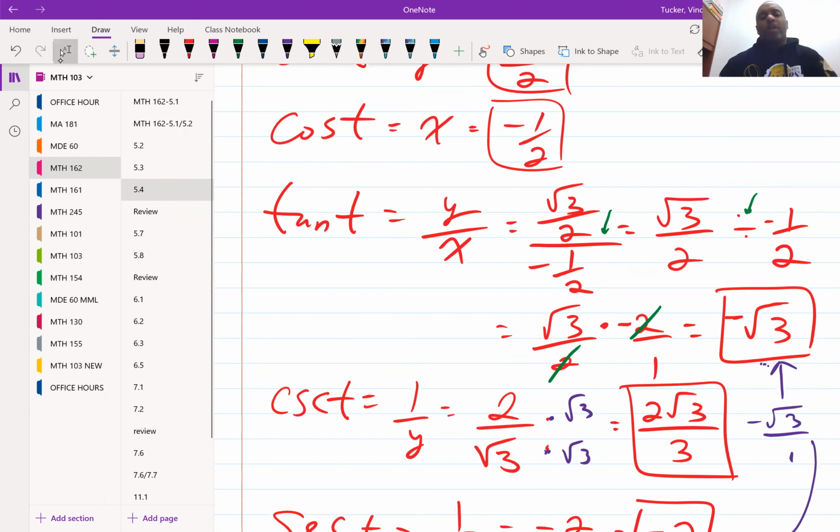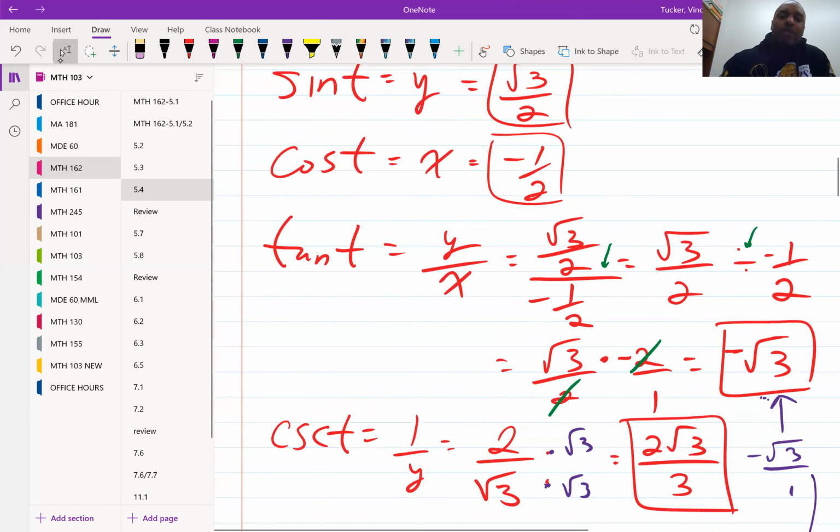All right. So cosecant is the inverse of sine. So we take sine, the square root of 3 over 2, and flip it. Now we have 2 over the square root of 3. Don't forget to rationalize your denominator. So we multiply top and bottom by the square root of 3.